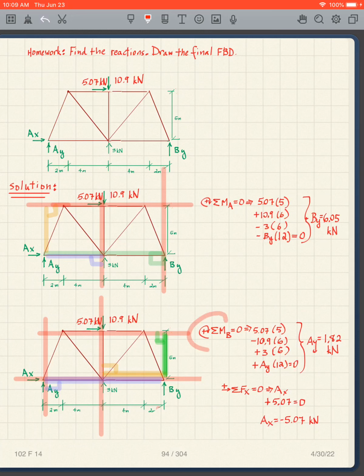Now we're going to take moments about B. So we're going to take moments about this point, and we now have the AY times 12. We have the 5.07 times 5.